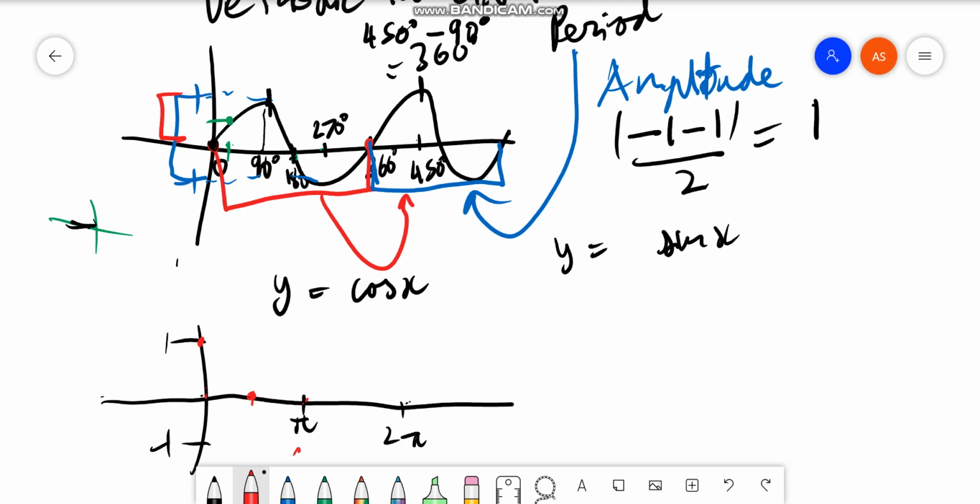It's negative because it lies on this side, so here is negative, so it's -1, and this is 3 over 2 pi is 0, and cos 2 pi is 1. So the graph will go like this.